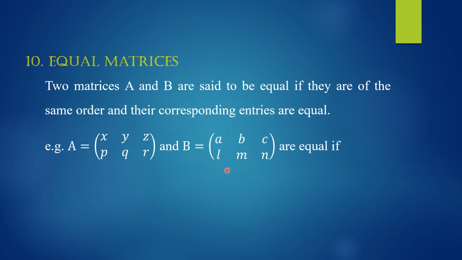These two matrices are equal if this element is equal to this element, meaning x equal to a, y equal to b, z equal to c, p equal to l, q equal to m, and r equal to n. If these two conditions are satisfied, then we say that the matrix A and the matrix B are equal matrices.